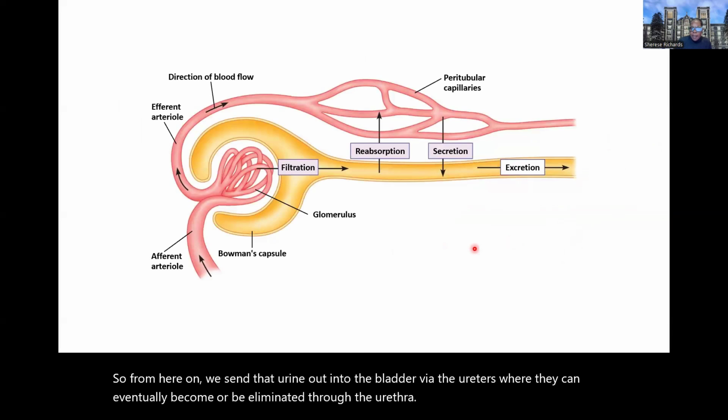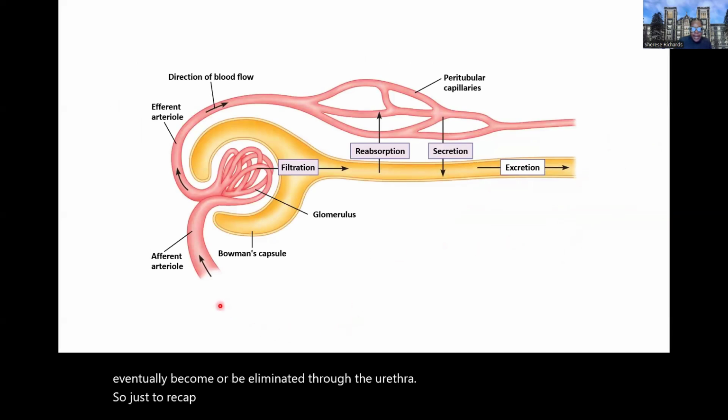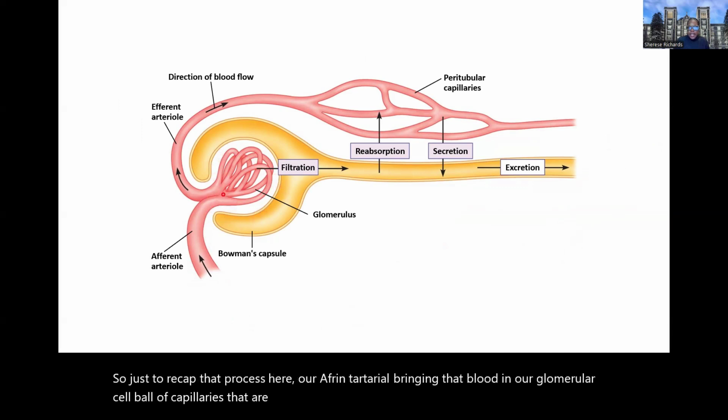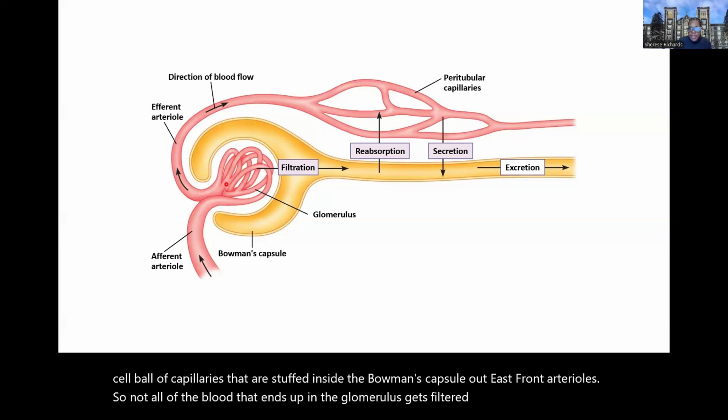So just to recap that process here, our afferent arteriole bringing that blood in, our glomerulus, our ball of capillaries that are stuffed inside the Bowman's capsule, our efferent arterioles. So not all of the blood that ends up in the glomerulus gets filtered across into the Bowman's capsule.